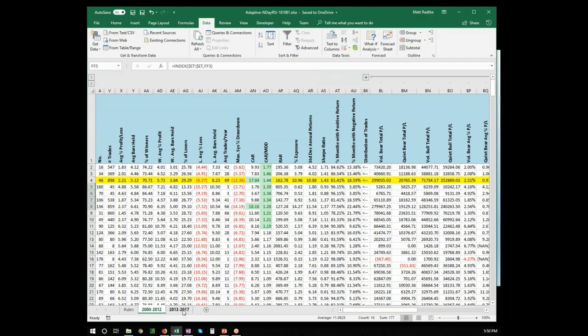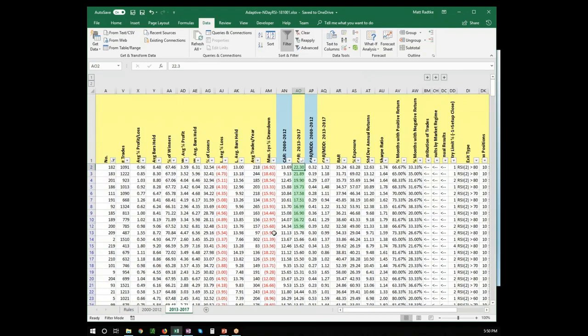So when we go to forward test that into 2013 through 2017, we see a brand new set of results. The variation numbers over here are going to be identical to the first case because it's the same combinations of possible parameter values. And I have plugged in what the compound annual return from 2000 through 2012 was, as well as the CAR over MDD.